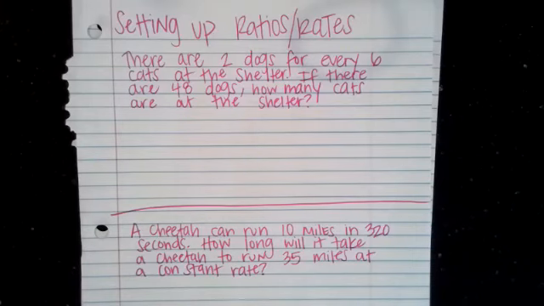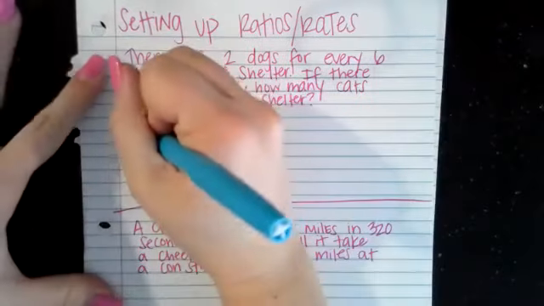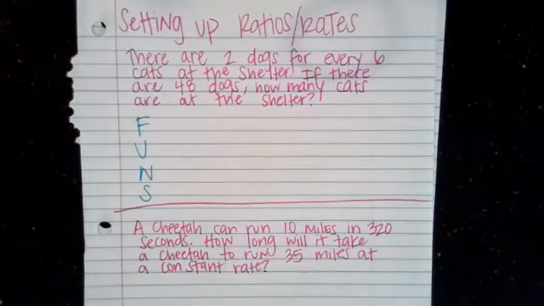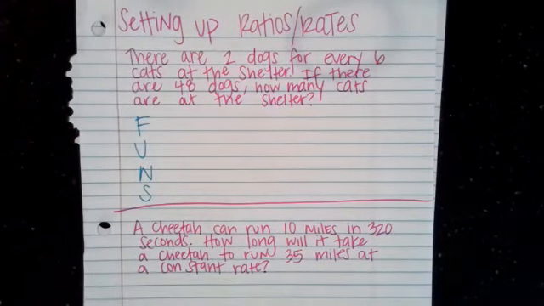So what we're going to do is set up a proportion to figure out how many cats are at the shelter. I like to use this acronym, FUNS, F-U-N-S, to help me remember the steps to set up a proportion.